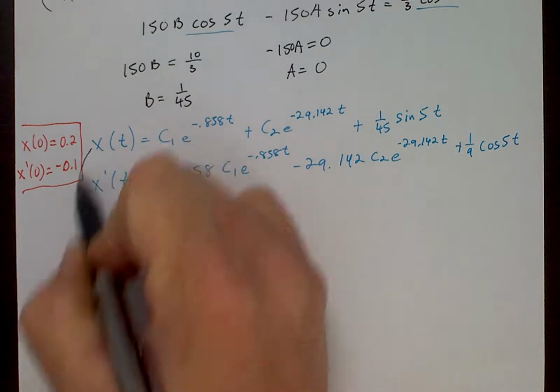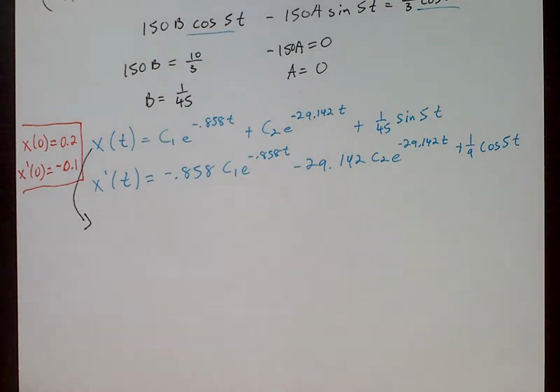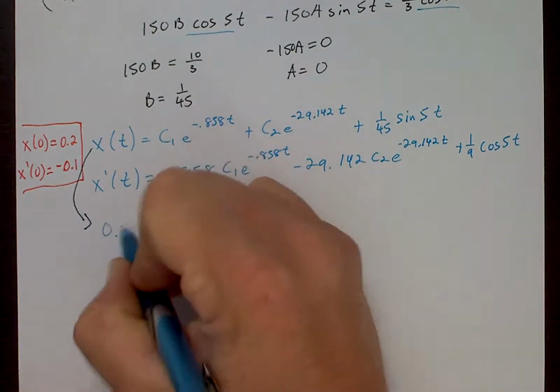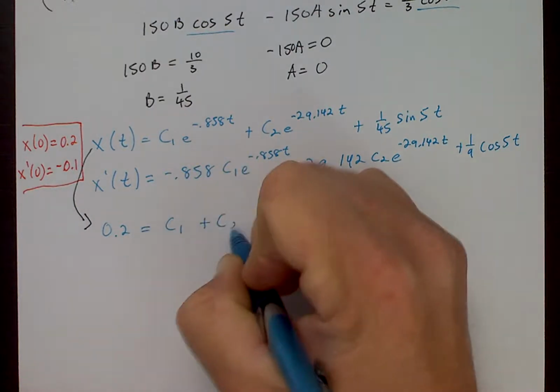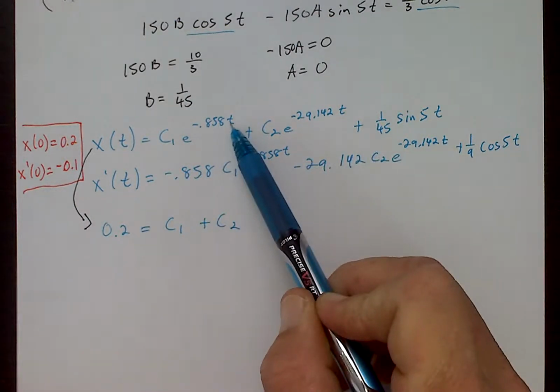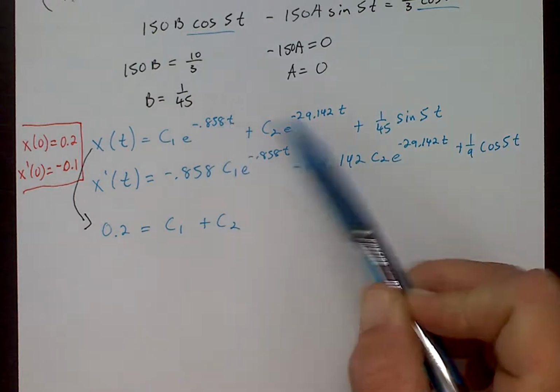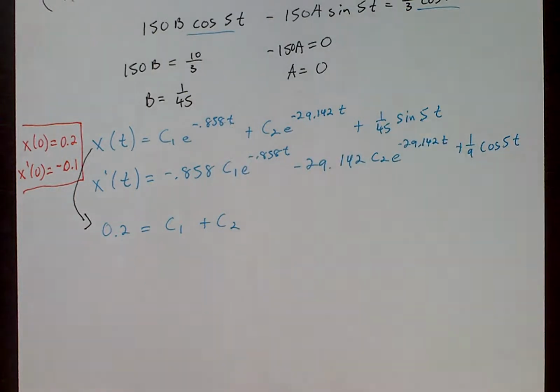So let's plug in. 0.2 is going to equal C1 plus C2. At t = 0, this makes it e to the 0, which is just 1. Sine of 0 goes away.